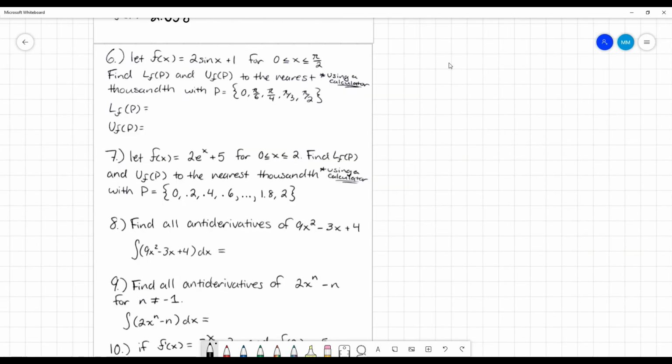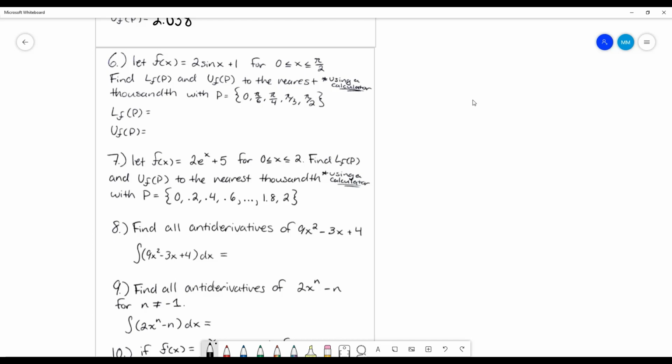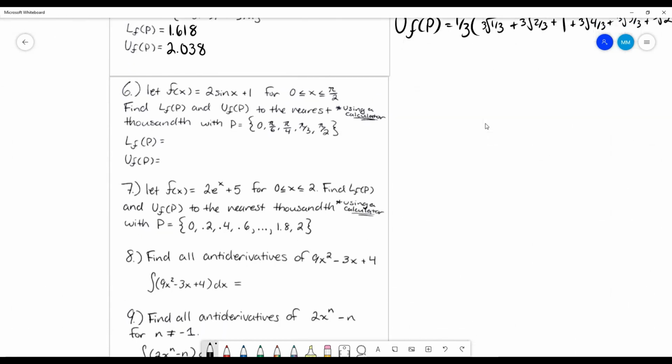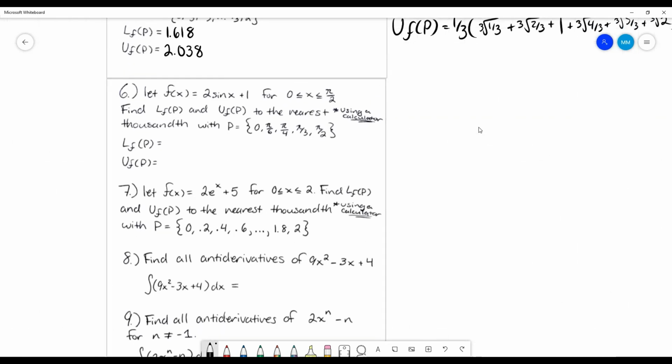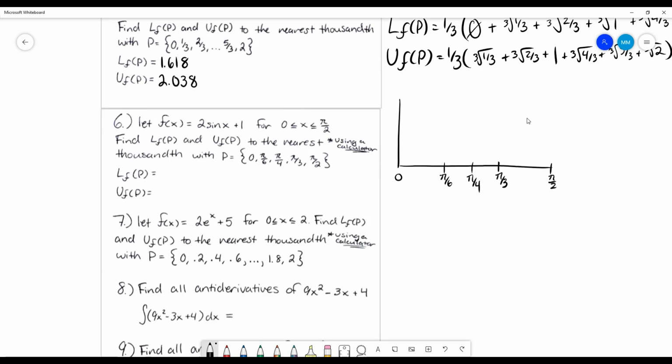Boom. Okay. Next up, same deal, except now we've got a sine function on our hands, and it goes from 0 to pi over 2. So, as we'll see here, you've got 0, pi over 2, pi over 4, and they've got the same partition as that one earlier, which obviously isn't an even partition, or an even length interval, so we can't just factor it out.